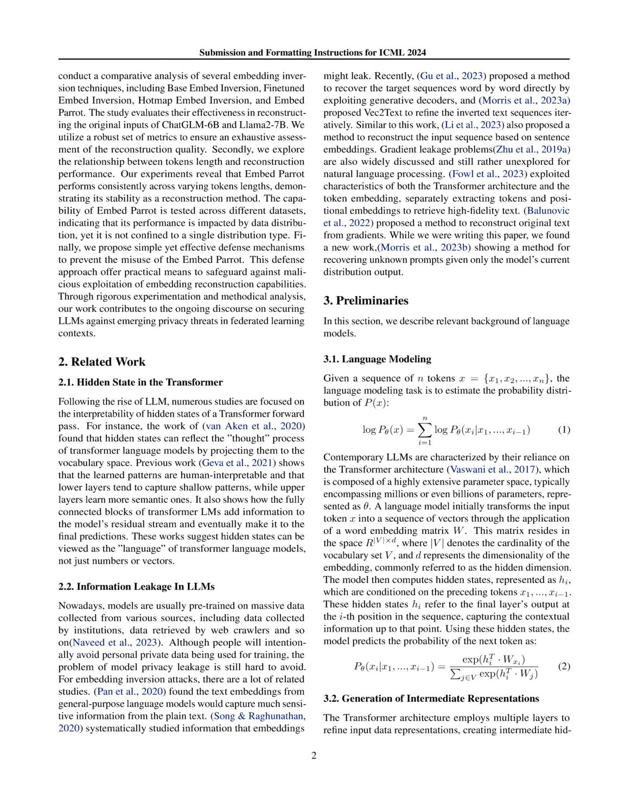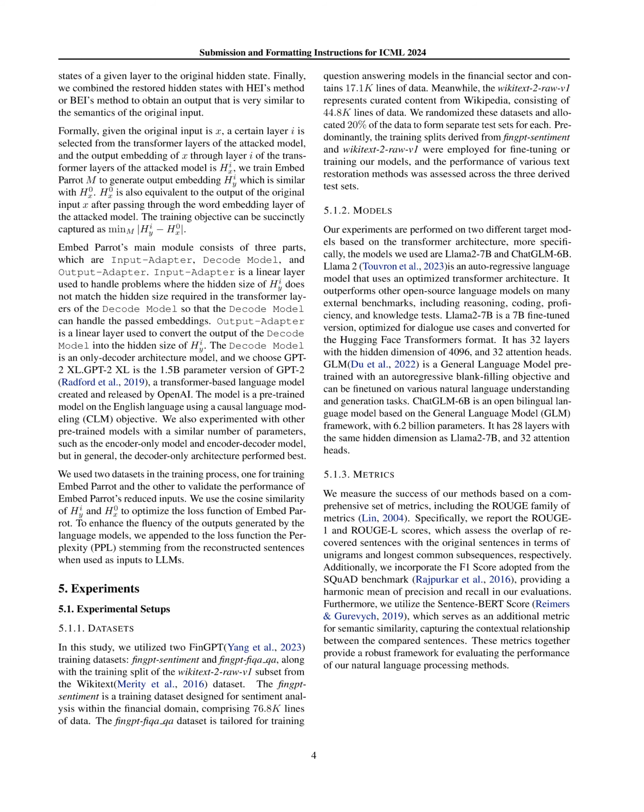These datasets are relevant to the evaluation of the proposed method as they provide diverse text data for training and testing the Embed Parrot approach. The FinGPT sentiment dataset is used for training Embed Parrot, while the FinGPT FiQA dataset is employed to validate the performance of Embed Parrot's reconstructed inputs.